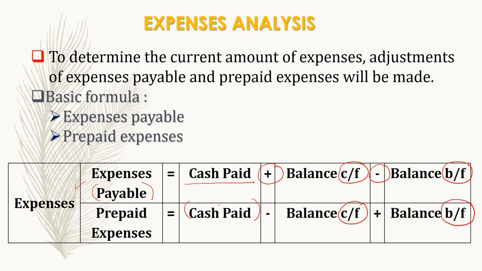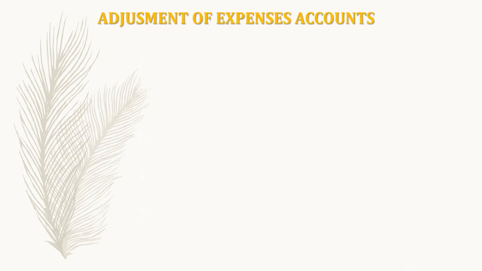Okay, so as you can see, the items are put in order. It's just that the symbol is different according to whether it's payable or prepaid expenses. If you are doing it in the form of a T account, I'll be doing both expenses, payable and prepaid, in one T account, but I'll segregate the items according to colors.